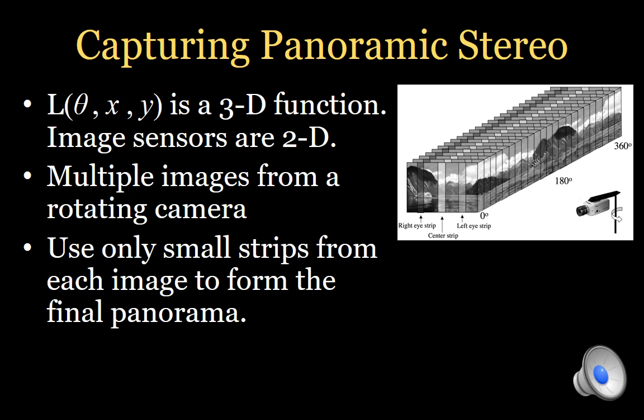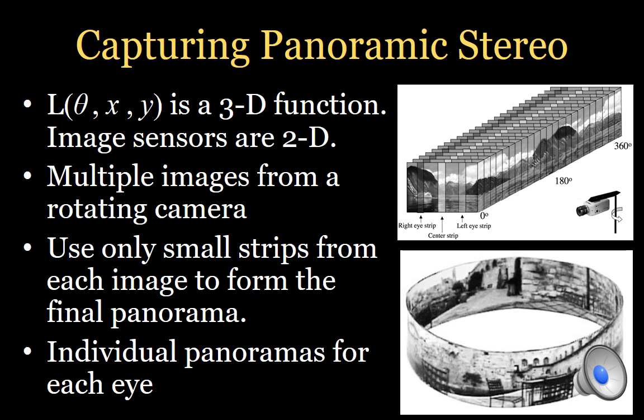Now all the strips for the left eye are stitched together to form a single panorama for your left eye, and the strips for the right eye are stitched together to form the right eye panorama. This also reduces the problem of representation. As we are storing individual panoramas for each eye, the problem of representing a 3D function has reduced to representing two 2D functions.